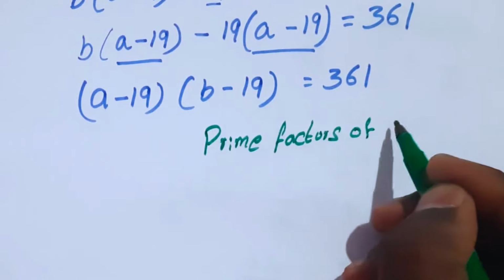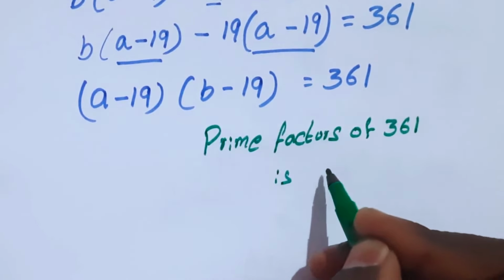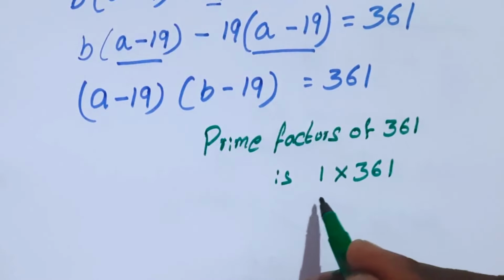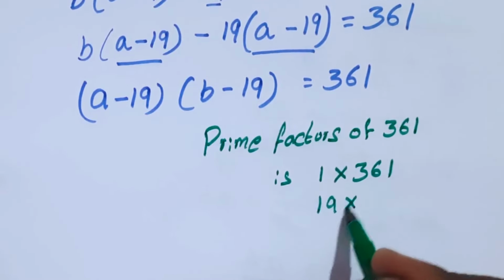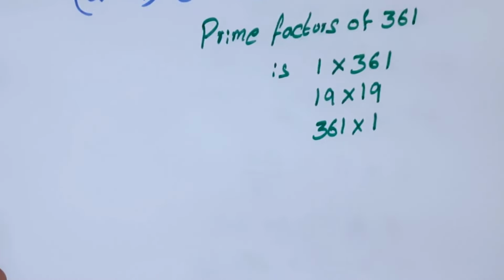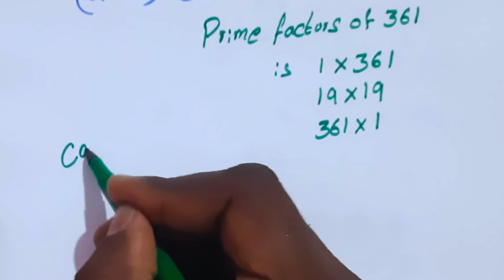Prime factors of 361 are 1 times 361, 19 times 19 and 361 times 1. Now we are going to apply this as case 1.